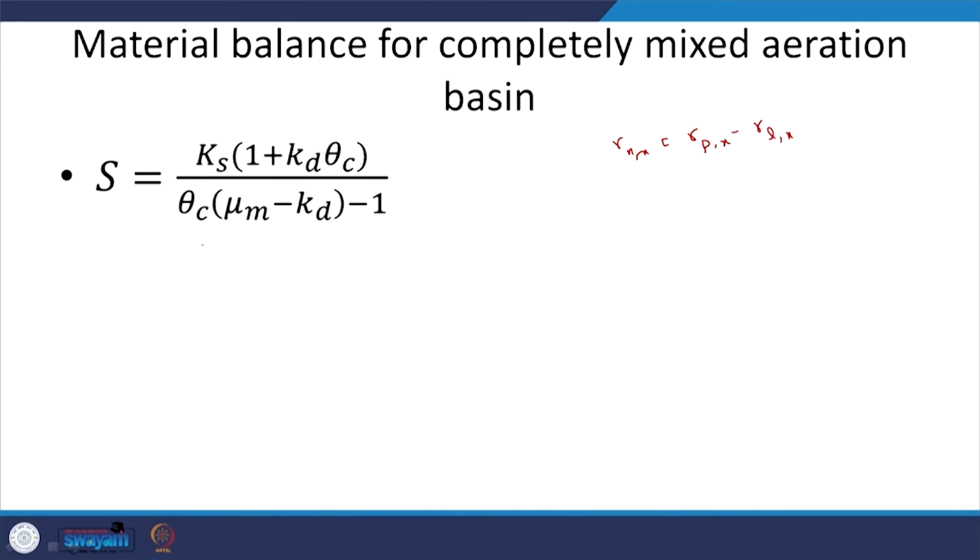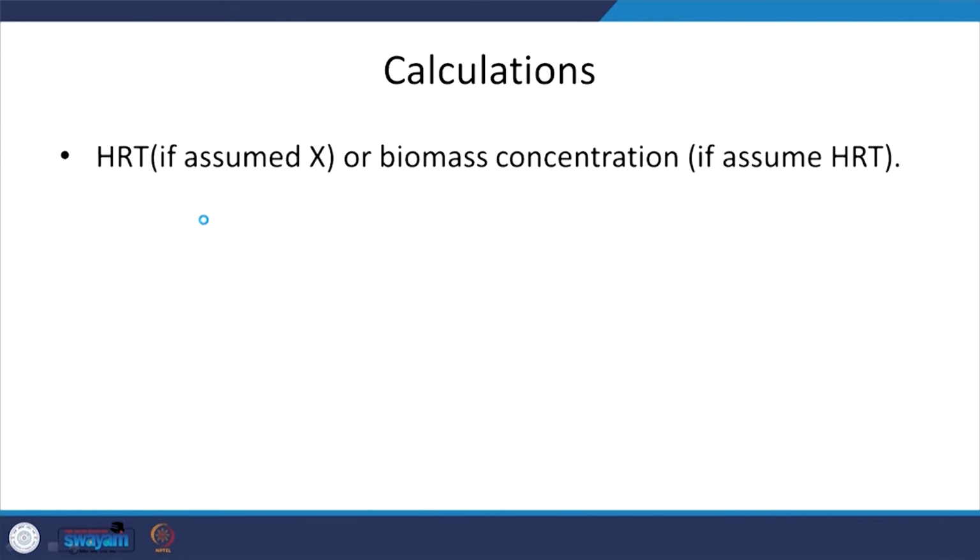So based on the laboratory data, you can have these kinds of information, mu max, Ks, Kd and such. So based on that you can calculate S, or given S, calculate the theta C, let's see, right. And then if HRT, you can calculate that if X is assumed, or biomass concentration also can be calculated if HRT is assumed, right.